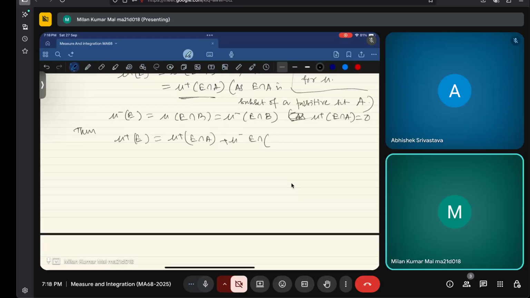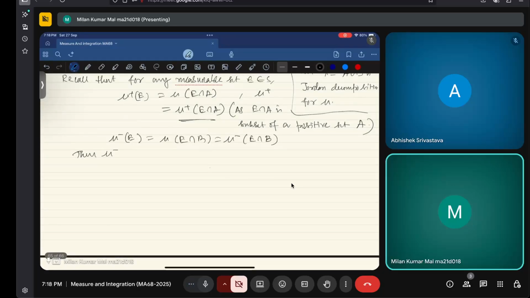So this is correct: mu minus of A intersection is equal to 0, and mu plus of E intersection B is equal to 0.